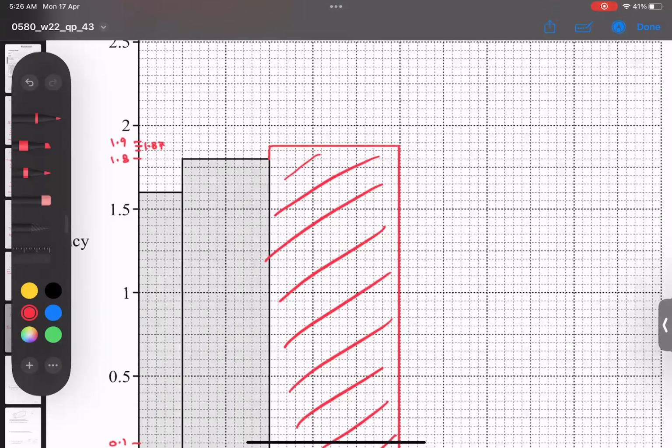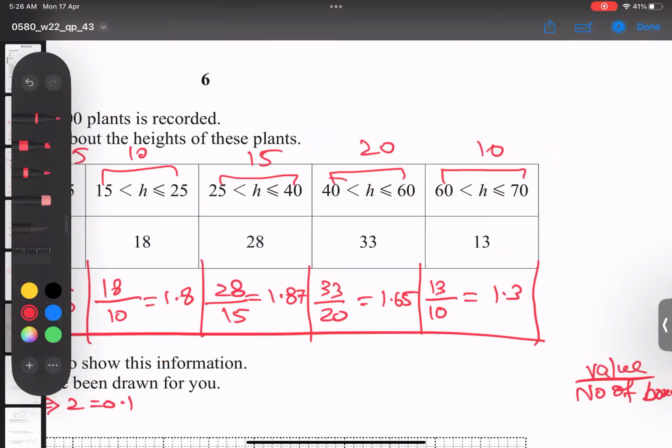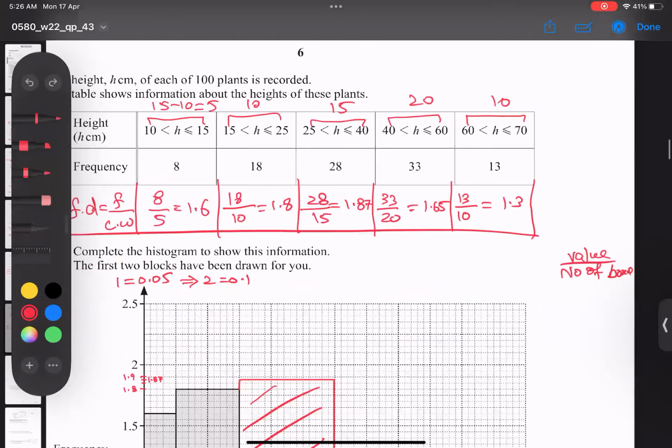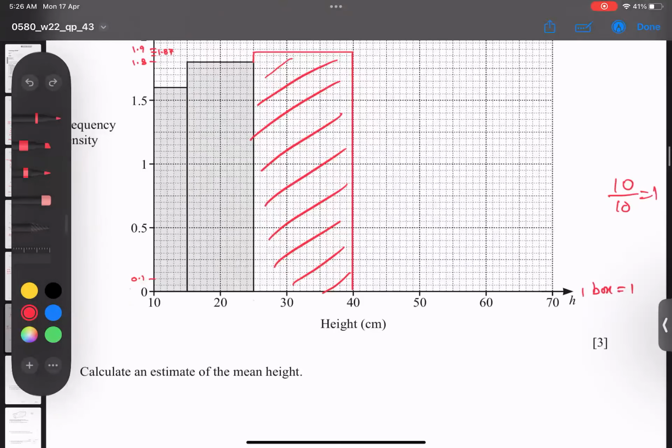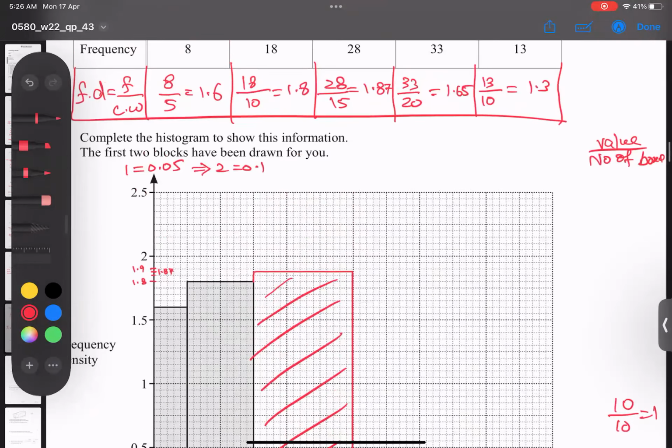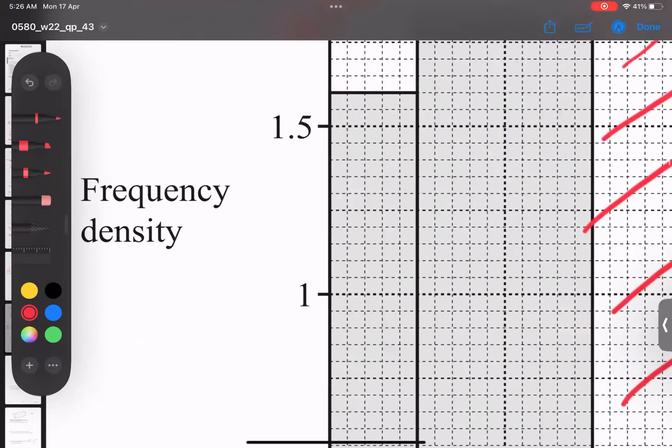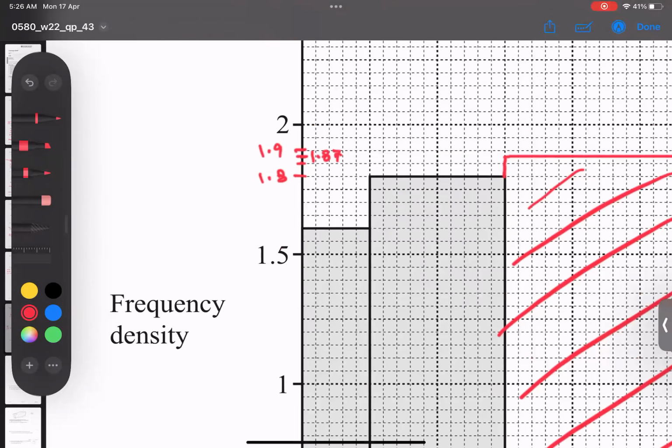Next column is what, students? Starting from 40, ending at 60, and height 1.65. And how much height did he say? 1.65. This is 1, 1.6, 1.7. So this is 1.6.